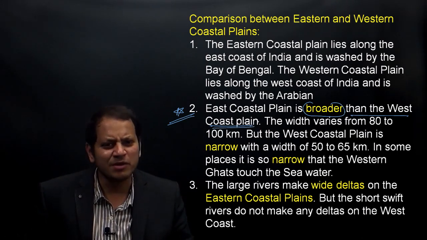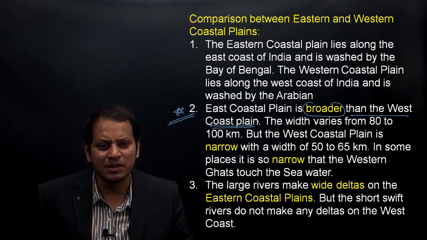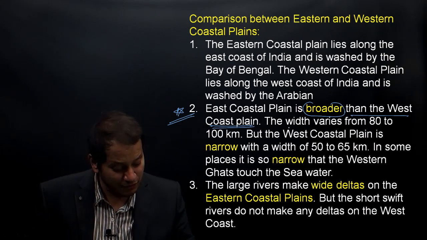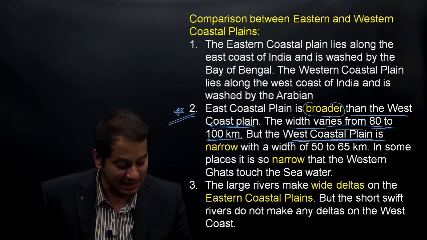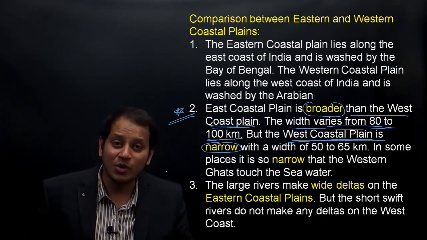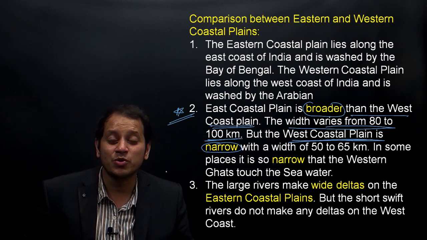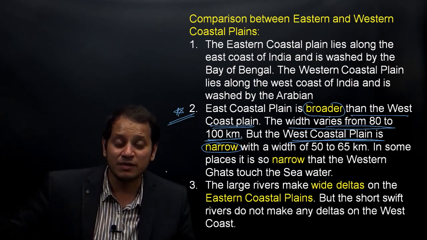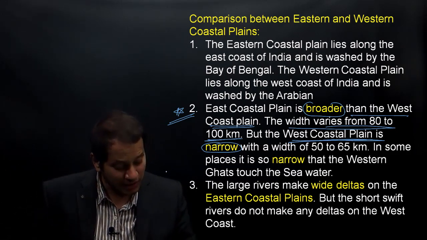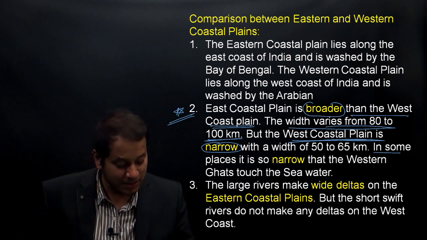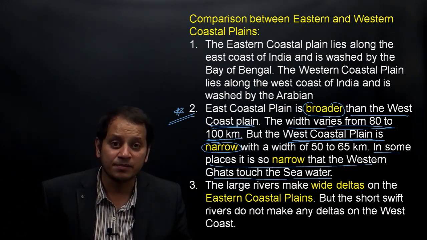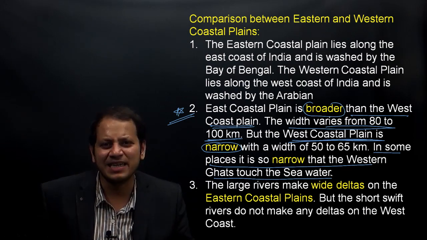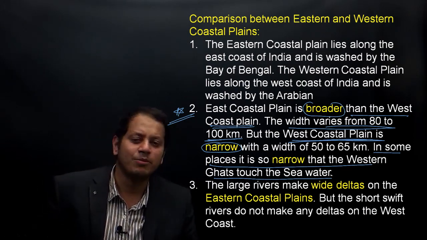You don't have to remember the width, but if you want to, it varies from 80 kilometers to 100 kilometers. But the west coastal plain is narrower. It is so narrow in some places that there is no gap between the mountains of the Western Ghats and the seashore, so the Western Ghats touch the seawater. You don't have to remember exactly how broad and how narrow it is.